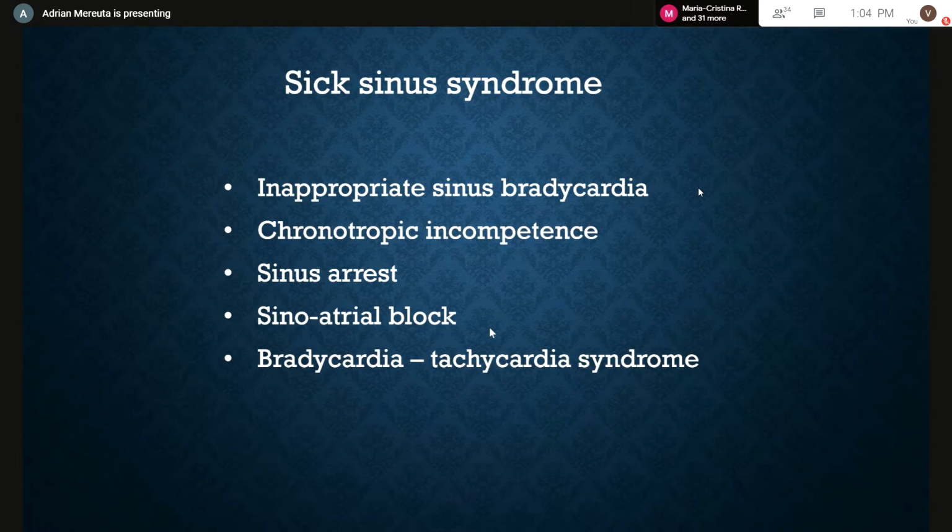And the most frequent is bradycardia-tachycardia syndrome. That means on a base of bradycardic rhythm, the patient has very rapid rhythm, like atrial fibrillation, which is very symptomatic.